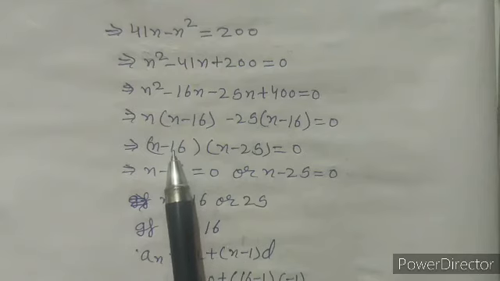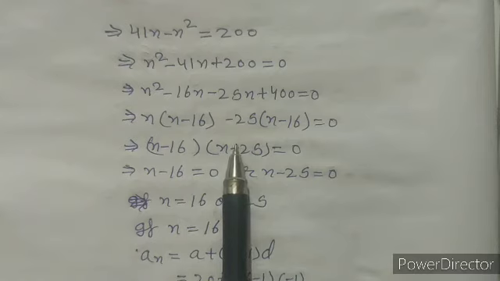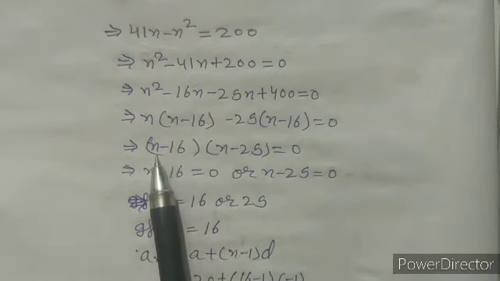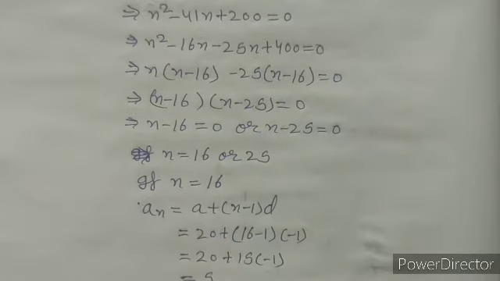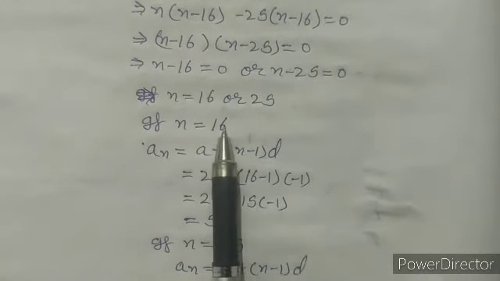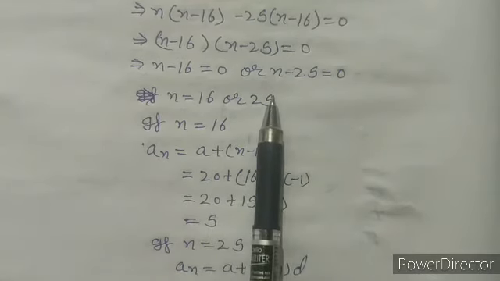The product of two numbers is 0 if either one of them is 0. So if n minus 16 is 0, then n will be equal to 16. Or if n minus 25 is equal to 0, then n will be equal to 25.